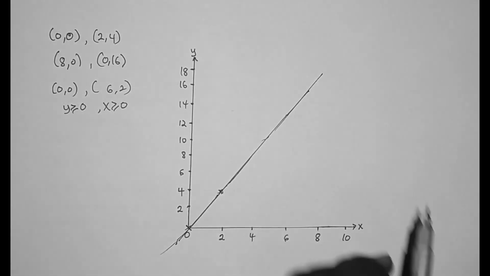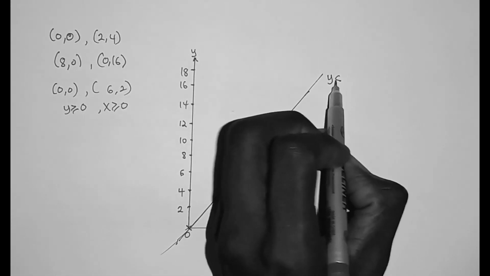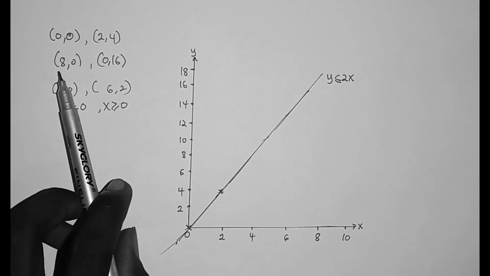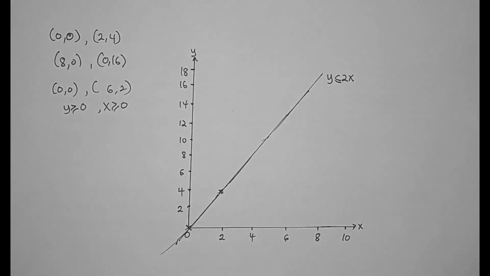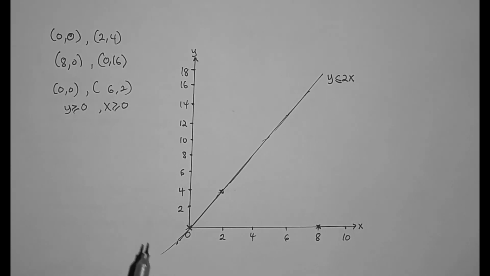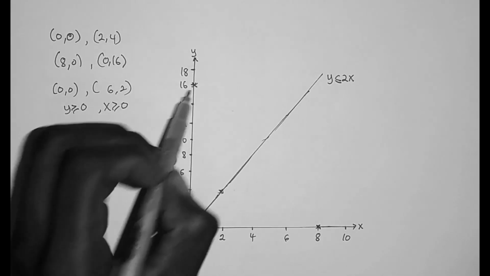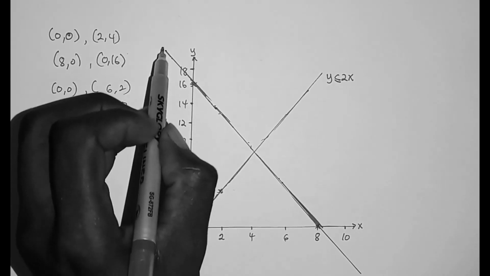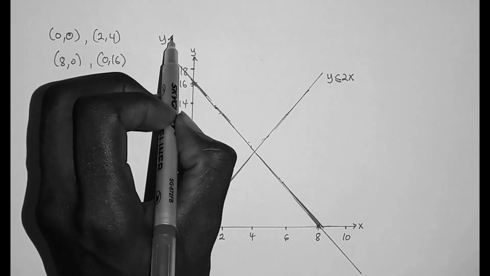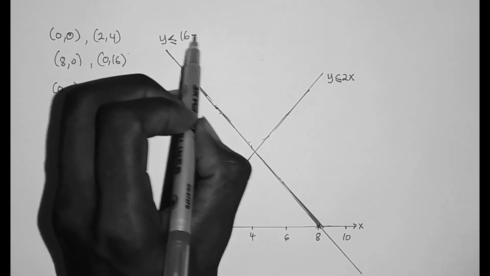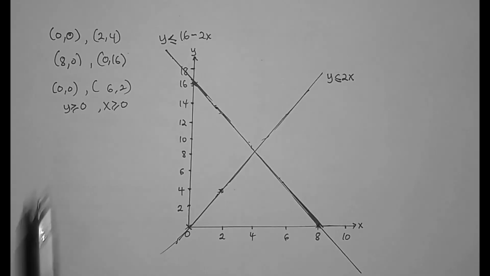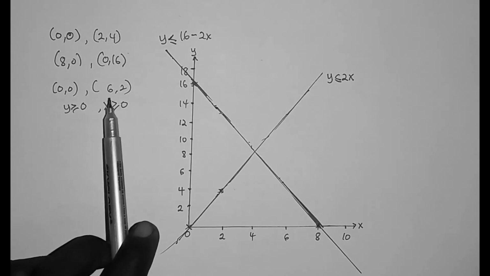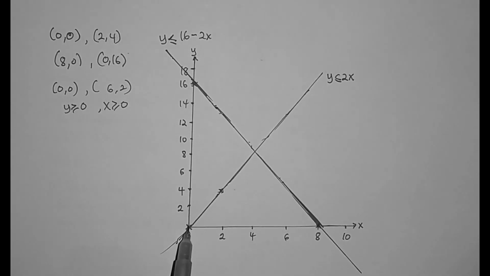So this is the line y is less than or equal to 2x. Then 8, 0 and 0, 16. So 8, 0 is this point, and then 0, 16 is this point. So let's join the two points. So this is the line y is less than or equal to 16 minus 2x. Now let's go ahead and plot 0, 0 and 6, 2. So this is 0, 0, and then 6, 2.